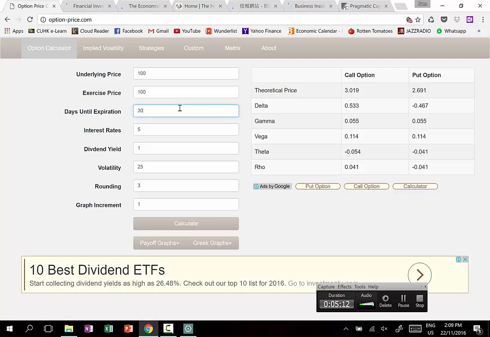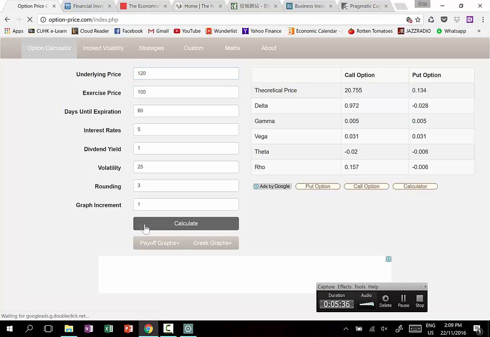Let's just say it has 60 days to maturity, so a couple of months, and I price it at a strike of 100, and the underlying price is now 120. Now I'm looking at pricing the call. So this one is a deep in the money call. The price should be around $20.